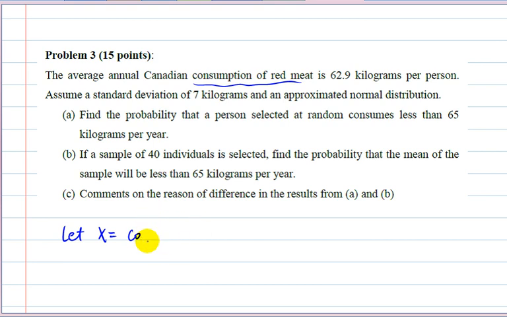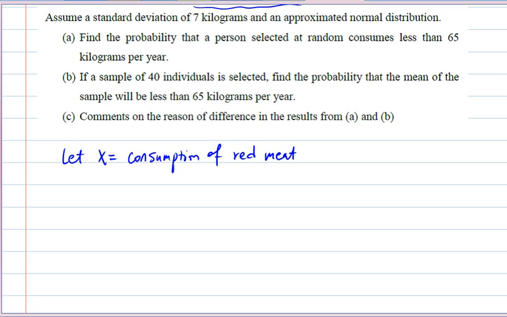For part A, you're looking at the probability that capital X is less than the given value, so this is the first one.